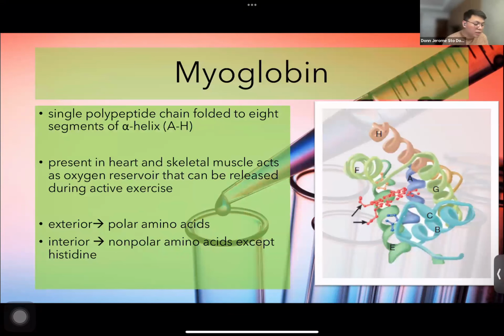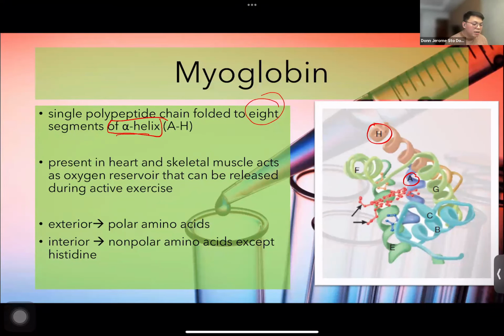So first, myoglobin. Myoglobin is a single polypeptide chain folded into 8 segments of alpha helices with designation A to H. Okay? So pag tinanong kayo sa exam, what is the most common secondary structure that we can see in myoglobin? Sagot po, alpha helices.